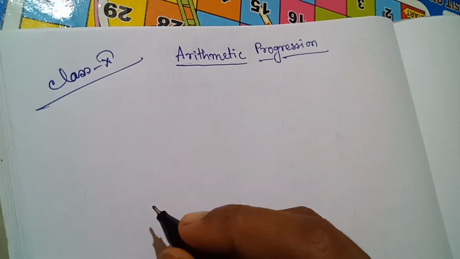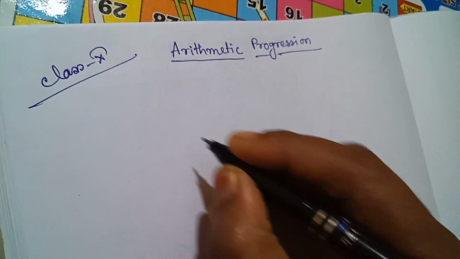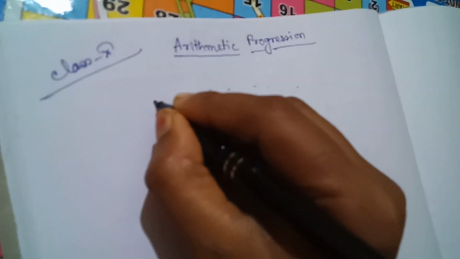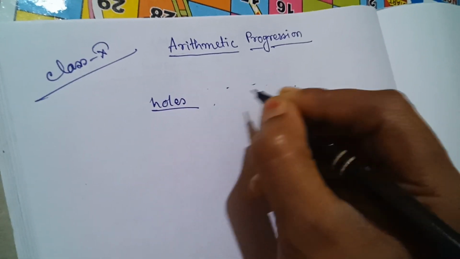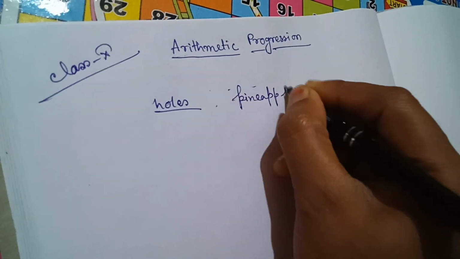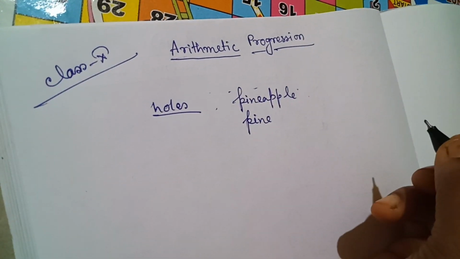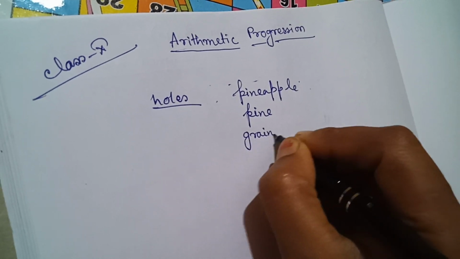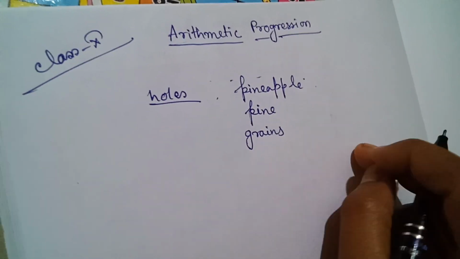So we all must have observed that in nature many things follow a certain pattern, such as the holes of a honeycomb, the spirals of a pineapple, or a pine cone's spiral, or grains in a maize cob, or you can say corn.